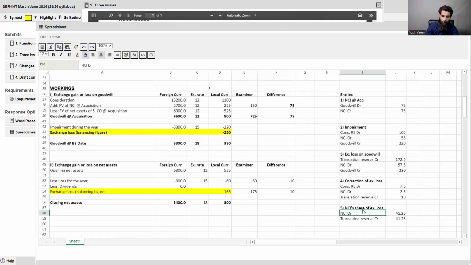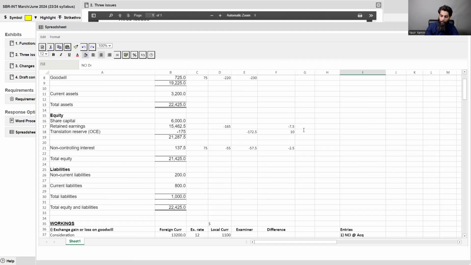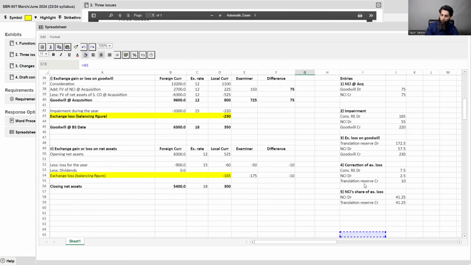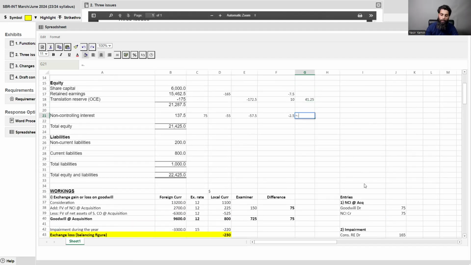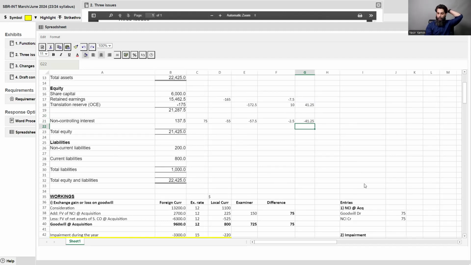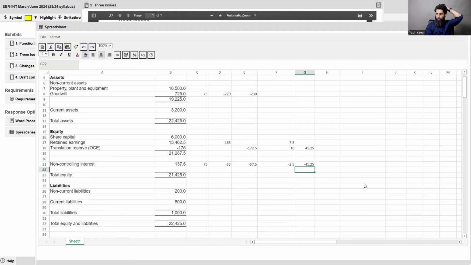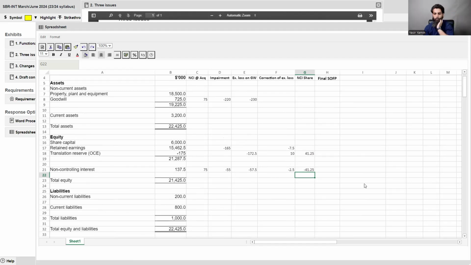And the last adjustment that we have is NCI's share of exchange loss. NCI will get a loss and translation reserve will increase. We will start by increasing our translation reserve by 41.25 million. At the same time, decrease our NCI. Make sense? Is everybody on the same page with me? Just let me know if it's clear for you. Is it clear to everyone?